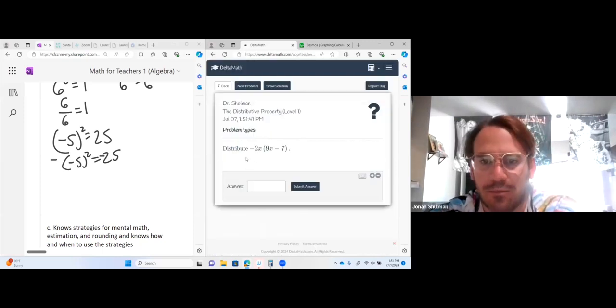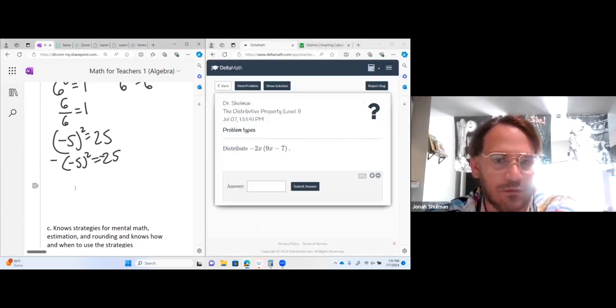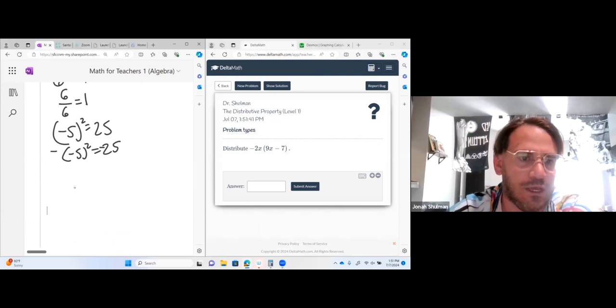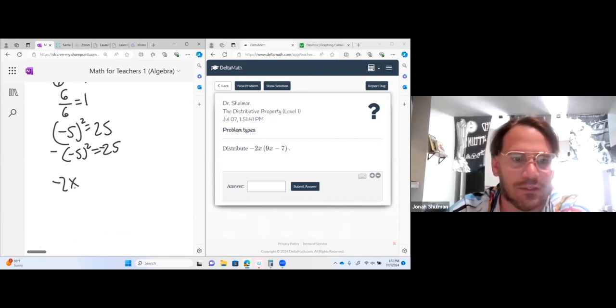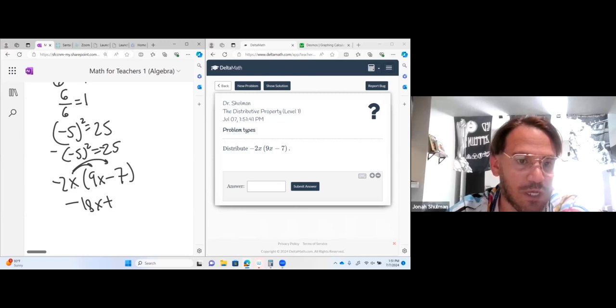Here's our distributive property. I'll write this one out. So we have -2x times 9x minus 7. That's -18x plus, because 2 minuses make a plus, that's a common mistake that happens, 14x, and x times x is actually x squared.